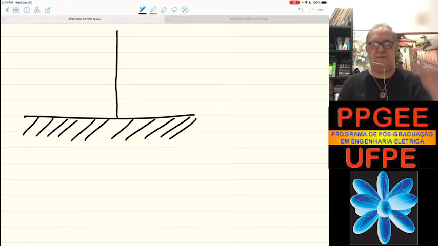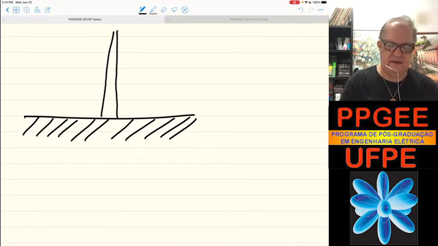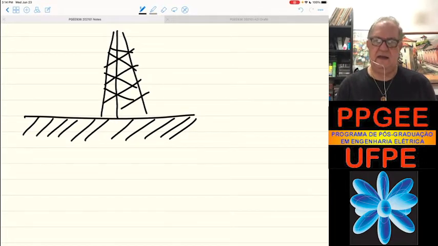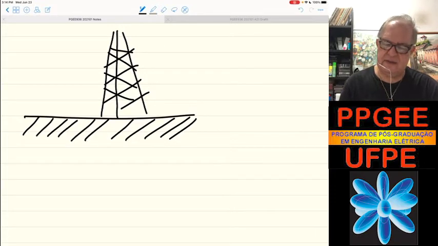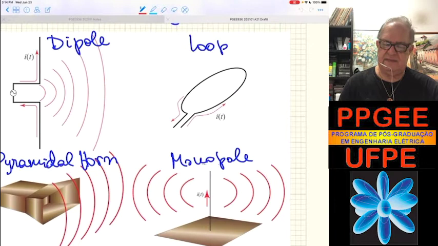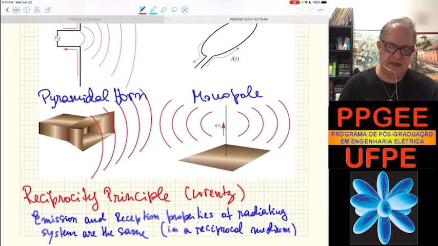To do that, you have to put a tower holding that thing, then you have an antenna there. You have other examples, the loop antenna that we have, sometimes FM antenna for catching TV signals. We have this type of antenna, loop antenna for higher frequencies.